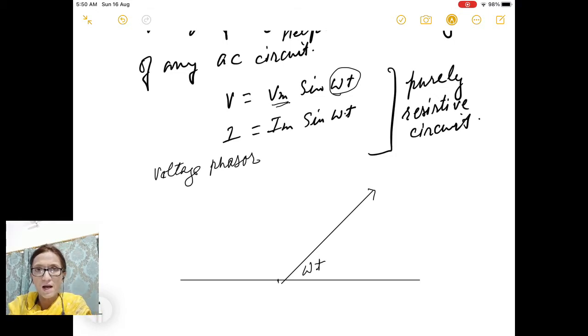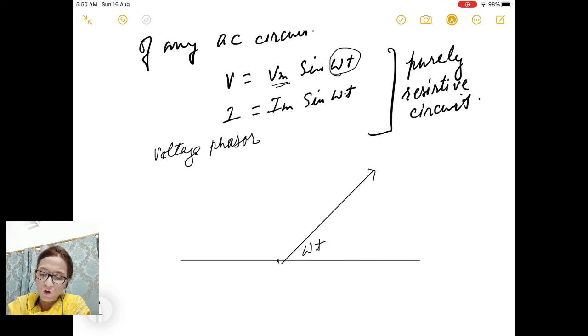So we have two kinds of phasors. One is the voltage phasor, another one I will draw for the current phasor. The magnitude of this rotatory vector, which is rotating in anti-clockwise direction, is equal to the voltage magnitude.